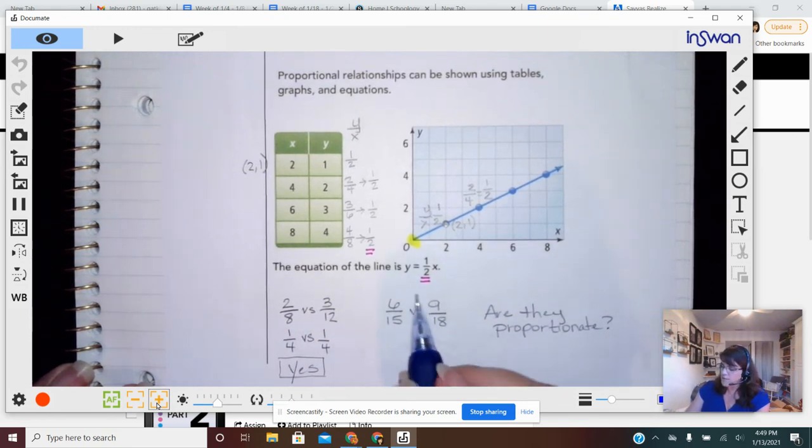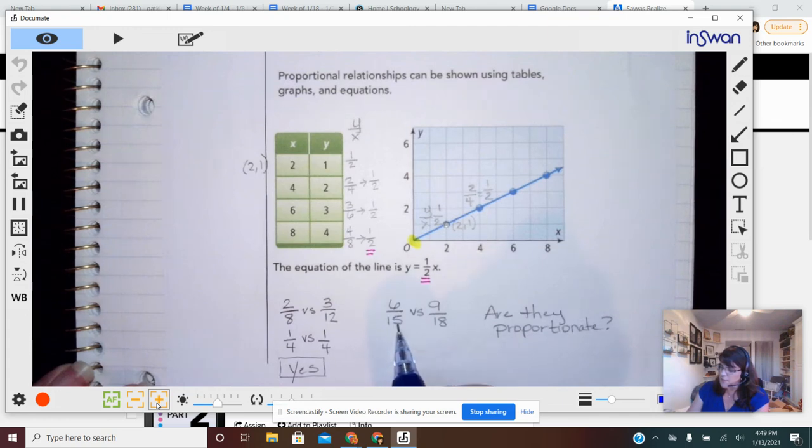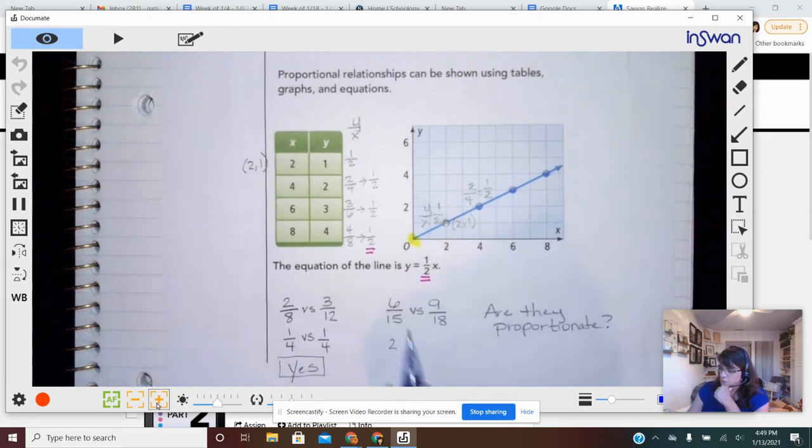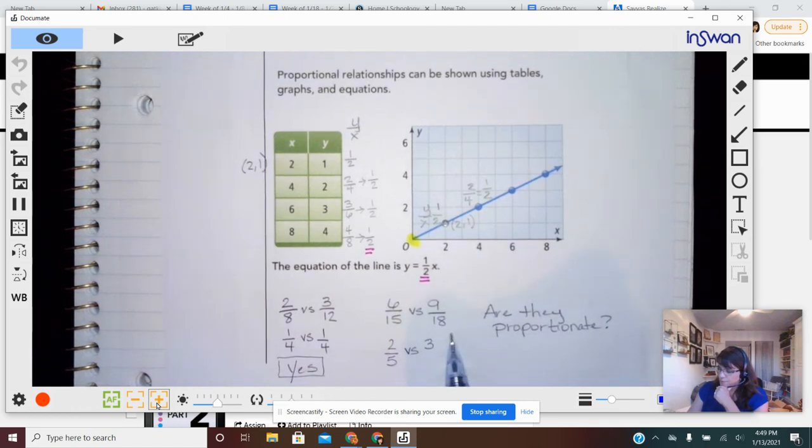Okay, what about this one? 6/15. Well, they have a 3 in common. So 6 divided by 3 is 2. 15 divided by 3 is 5. Okay. These have a 3 in common as well. 9 divided by 3 is 3. 18 divided by 3 is 6.